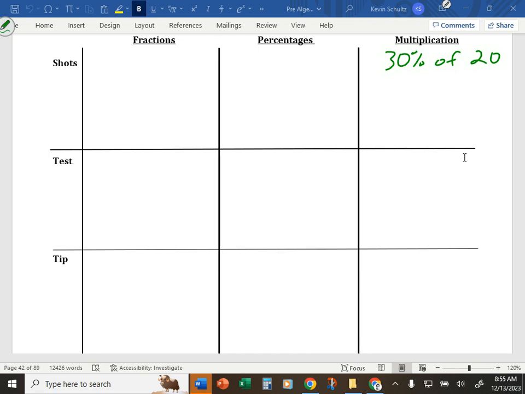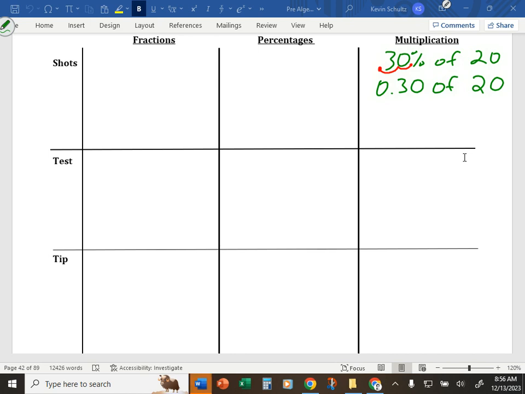So 30% as a decimal is what? 0.3. And how you get there, remember, is moving that decimal point over to the left 2 spots, and that gives you 0.30, or just 0.3 of 20. Now, here's the thing with the multiplication method.